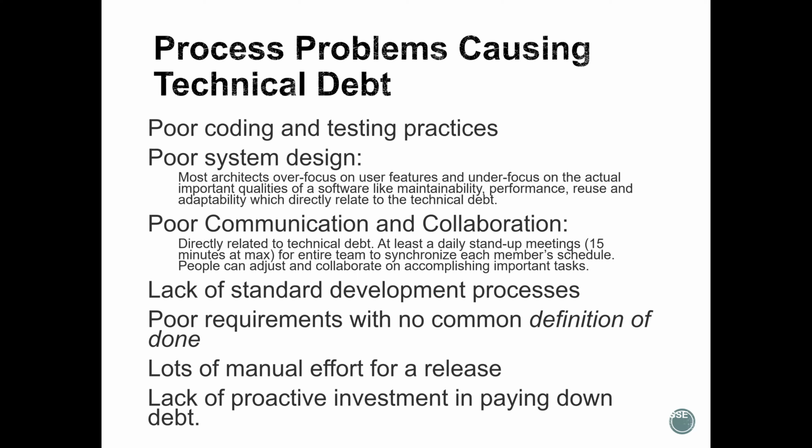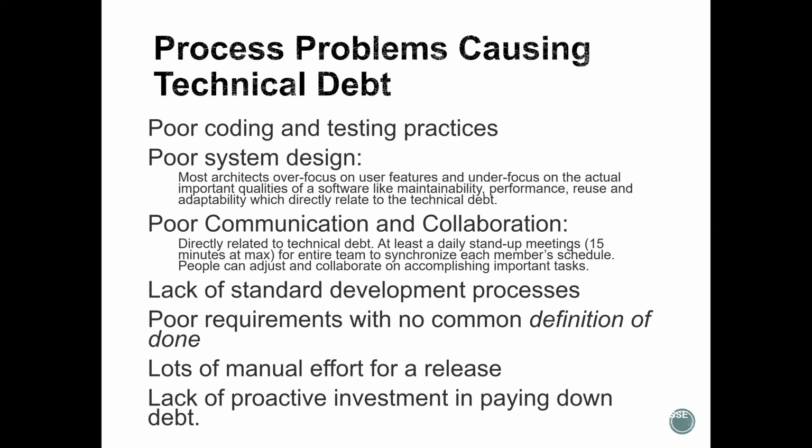So you have developed a system which can't be maintained, its performance is low, and it can't be reused. So whenever it comes back to you with certain changes, it is very difficult to work on it, and most of the time you're going to spend on rectifying or fixing those things, rather than adding new features to the existing software.